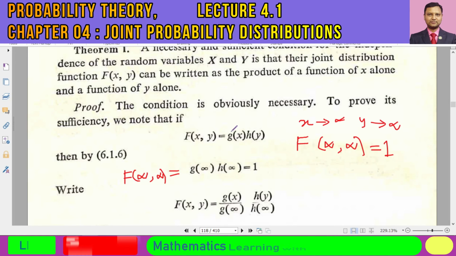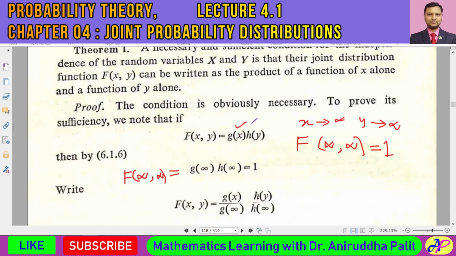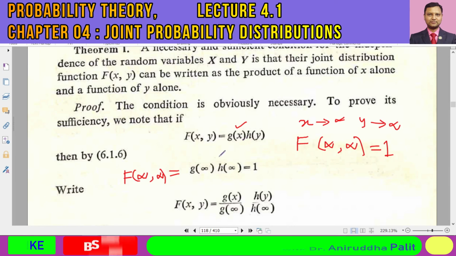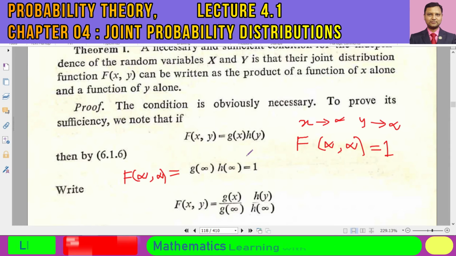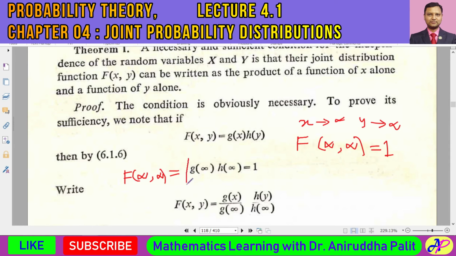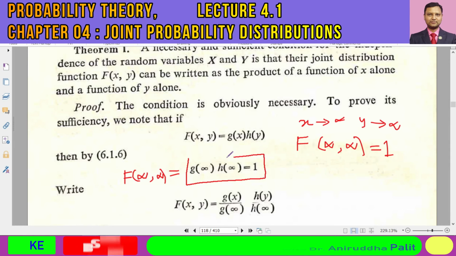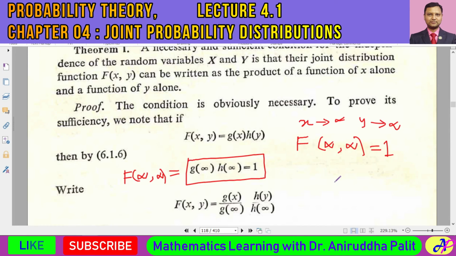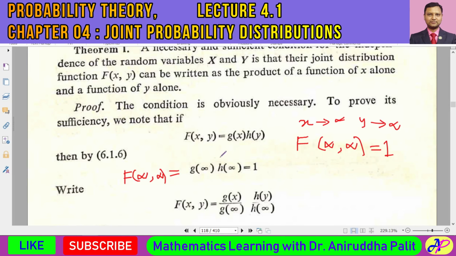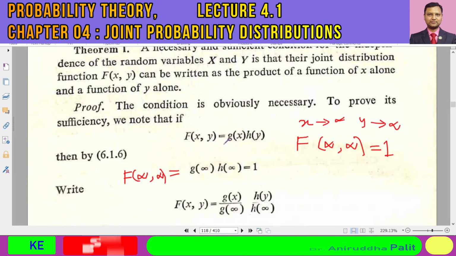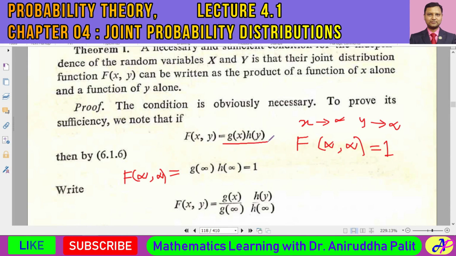And on the right hand side, this expression g of x is to be replaced by infinity, so we shall have g of infinity multiplied by h of infinity. So we have this result that g of infinity multiplied by h of infinity is equal to 1. Therefore, if we have this result, f of x comma y is equal to g(x) into h(y).